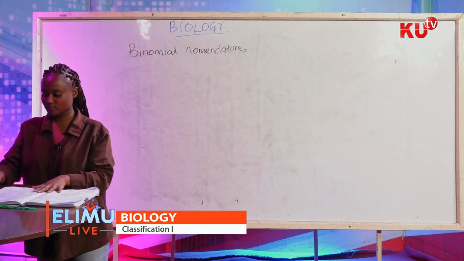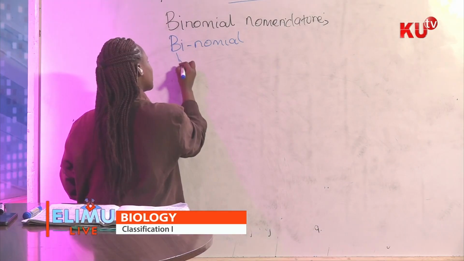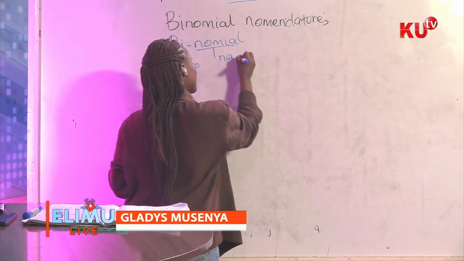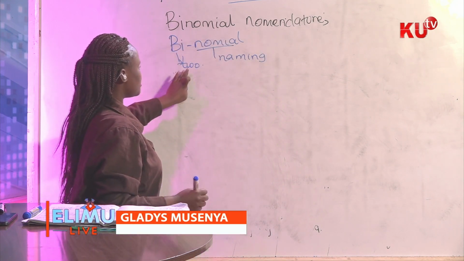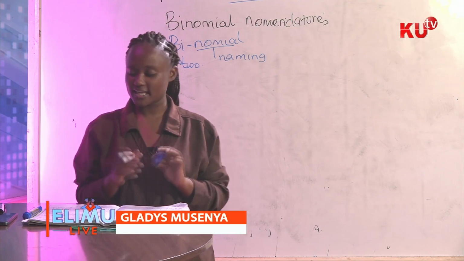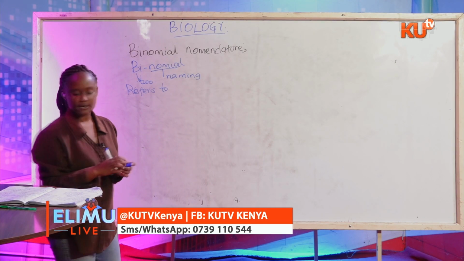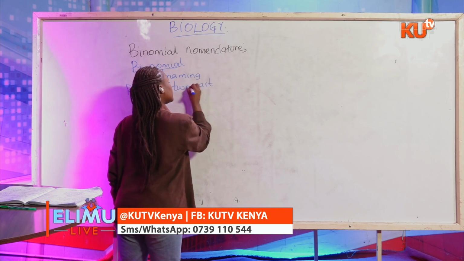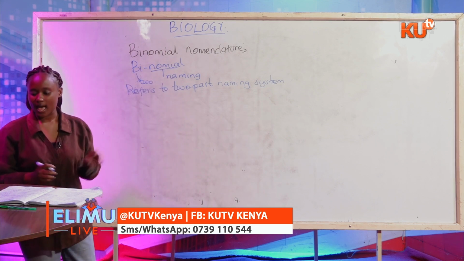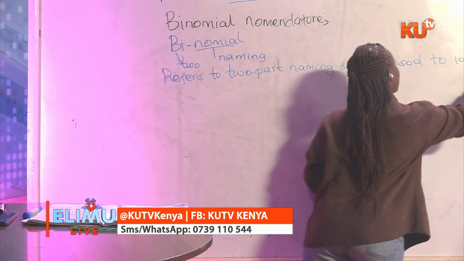So in binomial nomenclature, bi refers to two, and nomial refers to naming.